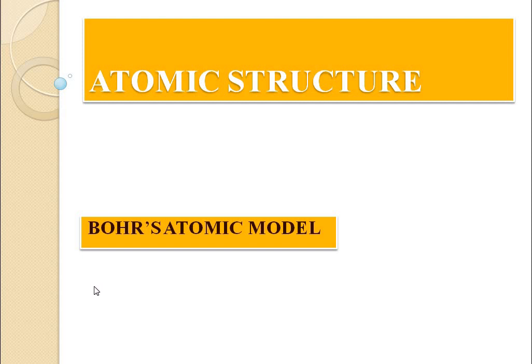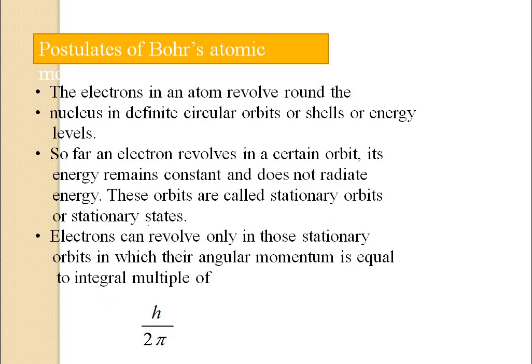Okay, let us start our topic with Bohr's atomic model. Come to the postulates of Bohr's atomic model. The first postulate is that the electron in an atom revolves around the nucleus in definite circular orbits, or shells, or paths.